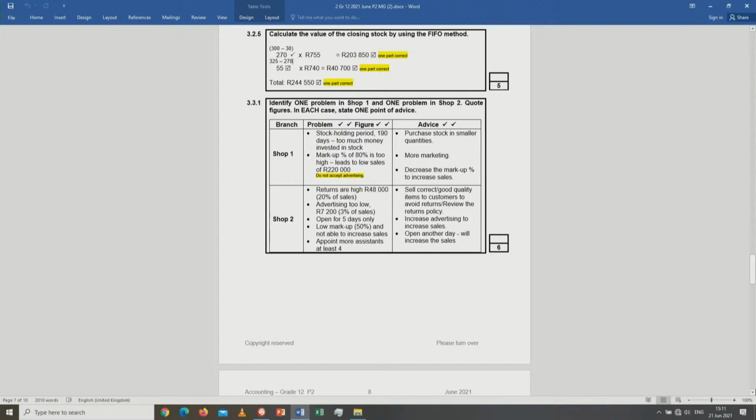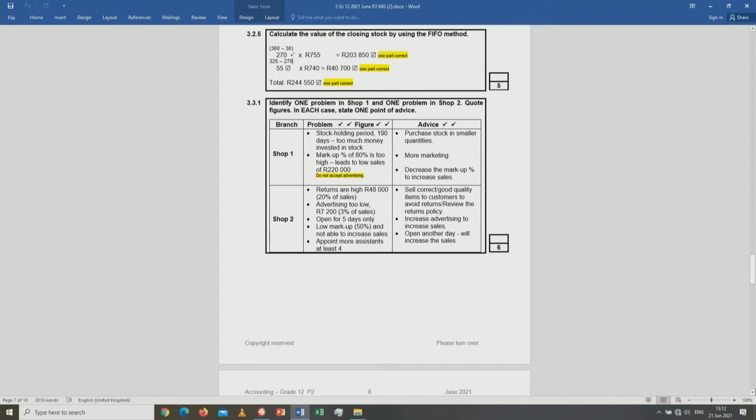Markup percentage of 80% is too high, which could lead to the low sales of 220. They say do not accept advertising, right? Advise purchase stock in smaller quantities, more marketing, decrease the markup percentage to increase the sales.